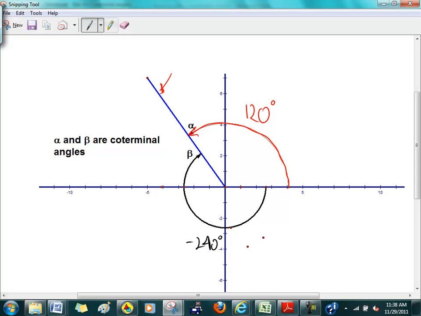And if you're negative, you're going to go clockwise, this way, and you end up at the same place, same terminal side. You with me? It's the blue line, the terminal side.